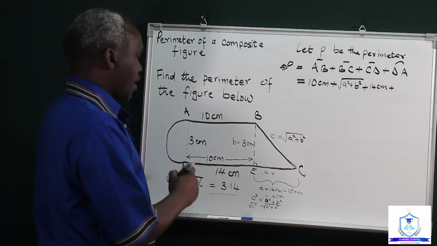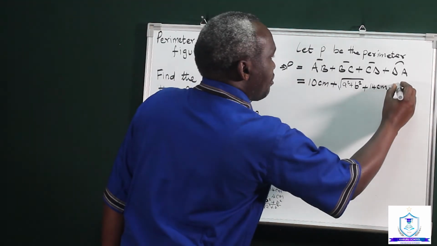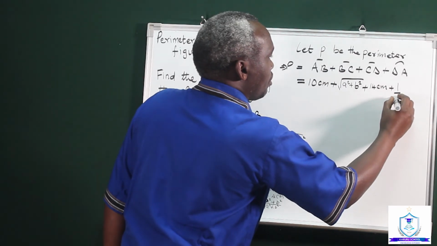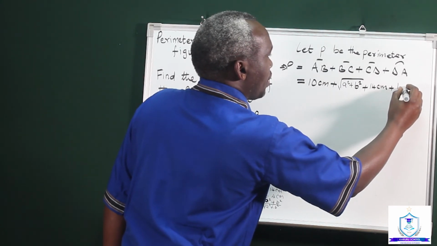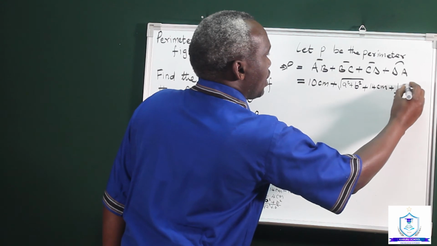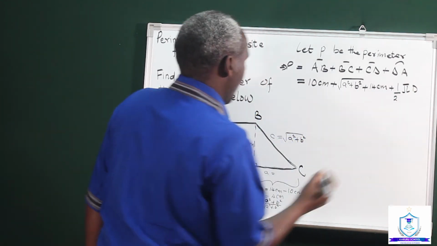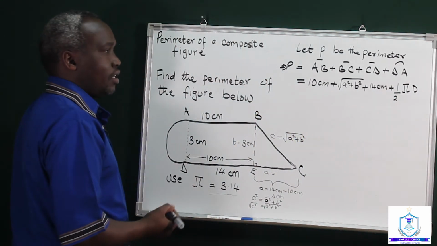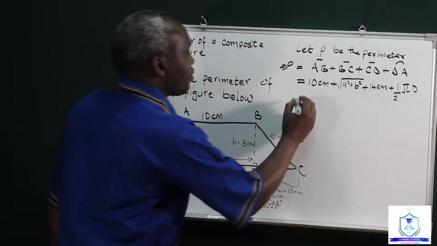So the circumference of the semicircle will be a half multiplied by pi and then the diameter, which in this case is 3 centimeters.